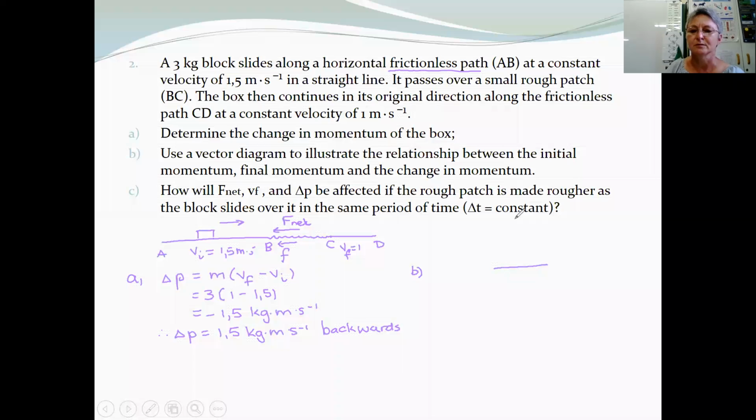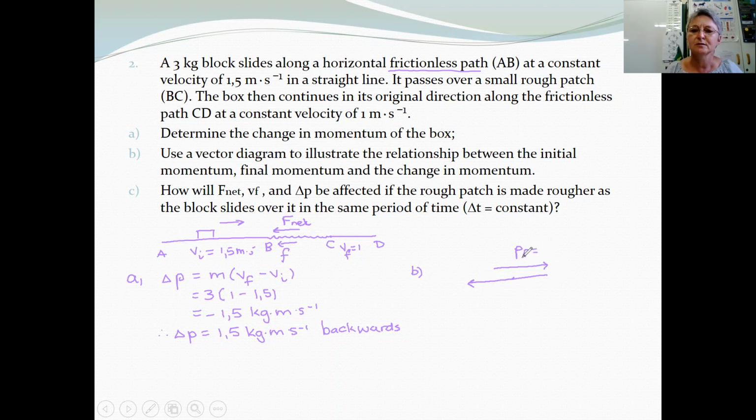The final momentum is still in that direction. The initial momentum is in this direction. But the initial momentum is bigger than the final momentum.